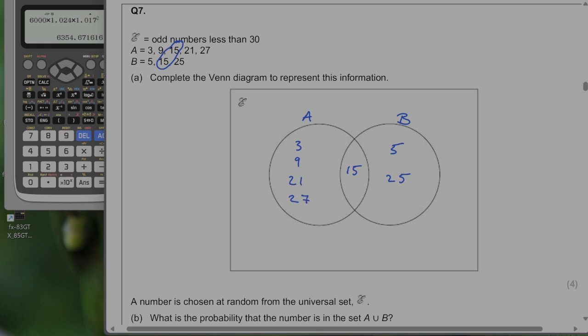And then we're not quite there because we've not covered all of the odd numbers. So I'm just going to list them down here. And I always try and list them, even though I don't need to. It just makes things easier for my marker.